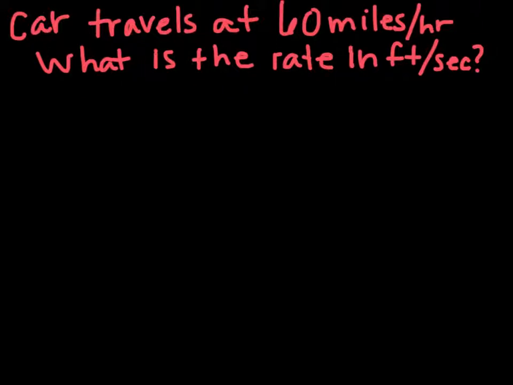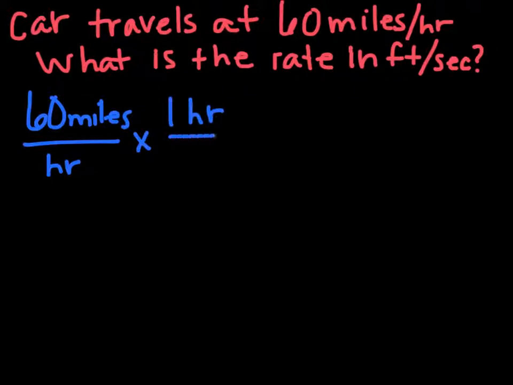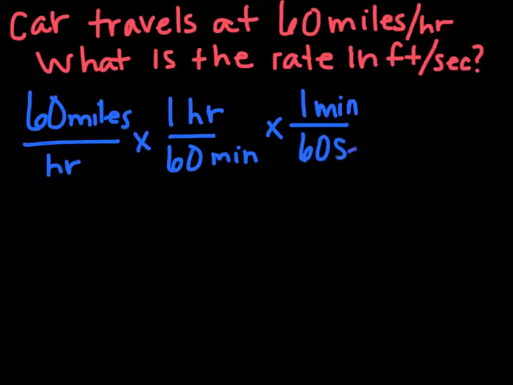So let's start with 60 miles per hour, and let's change that to seconds. What do we know? Well, first, we know that there are 60 minutes in an hour. So first, let's multiply 1 hour over 60 minutes to get to minutes. Okay? How many seconds are in a minute? That's right. In 1 minute, there are 60 seconds.